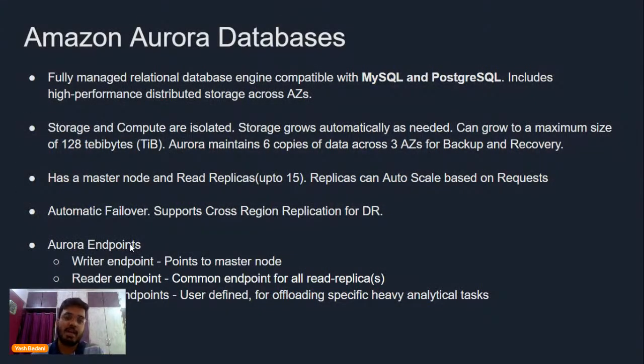An Amazon Aurora database is a fully managed relational database with MySQL and PostgreSQL compatibility, of course, which we just talked about, and it includes a high performance distributed storage across availability zones. So the storage layer is distributed across availability zones in Aurora, and you will have replication of the data as well. You will have around 6 copies of data across 3 availability zones for backup and recovery.